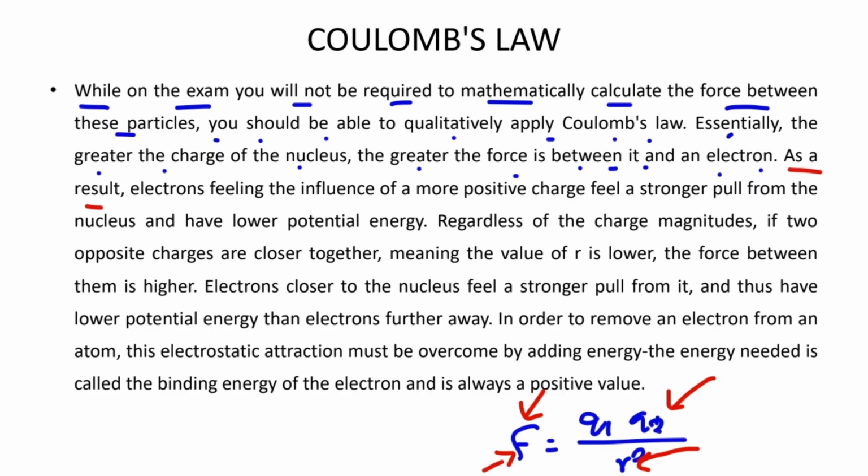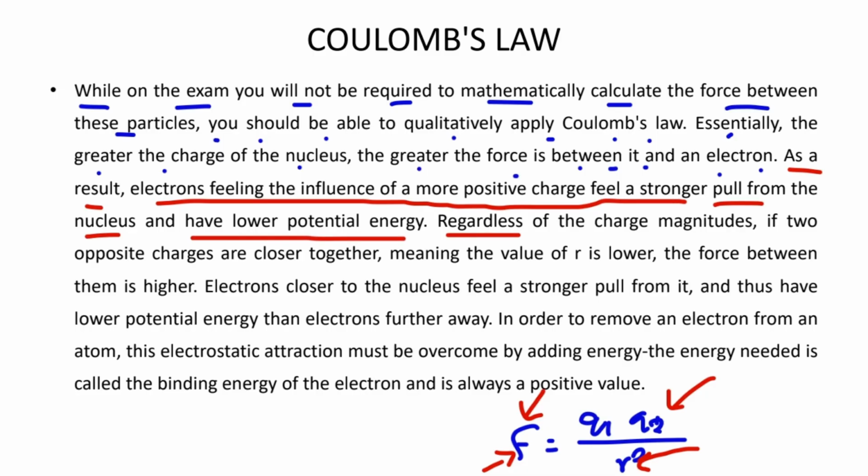As a result, electrons feeling the influence of a more positively charged nucleus feel a stronger pull and have lower potential energy. Regardless of the charge magnitudes, if two opposite charges are closer together, meaning the value of R is lower, the force between them is higher.